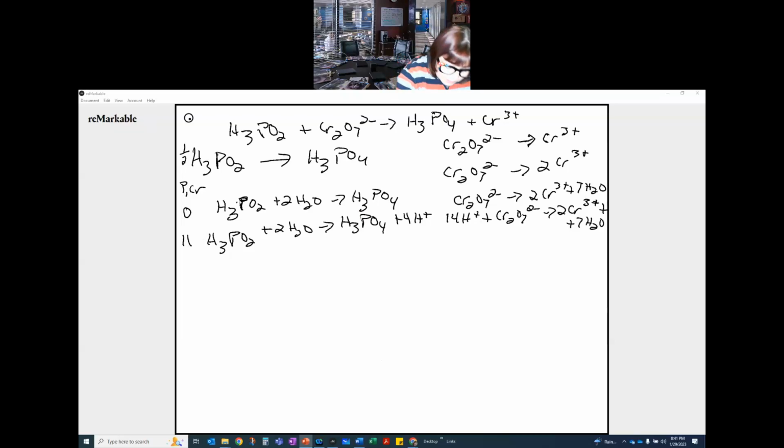Okay, awesome. I already wrote that, so I'm going to erase it. Okay, so that's what we have there. Now we've gotten through everything mass balance wise. We need to look at our charge. Net charge in this reaction: on my reactant side, I've got no charge. On my product side, I have a 4 plus.